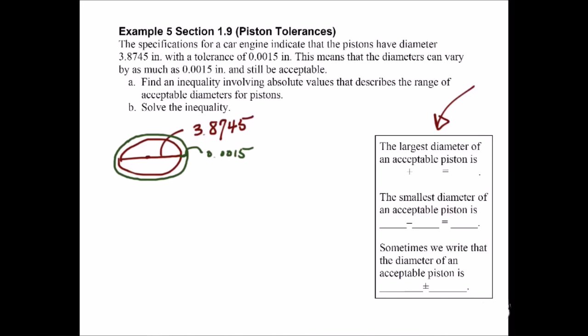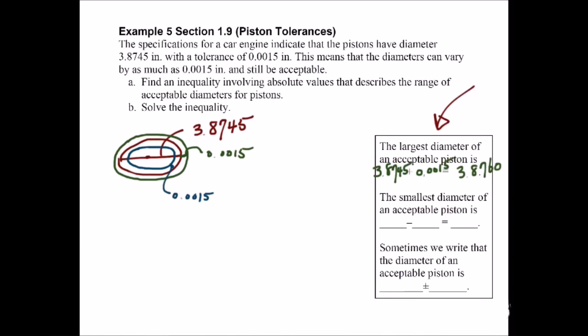What is the largest diameter of the acceptable piston? Well, it's going to be the original 3.8745 plus this extra much that is acceptable, which is 3.8760. But you can also go the other way, right? You can make it bigger or make it smaller. So you can have a smaller circle inside the red here with the tolerance being 0.0015 again.